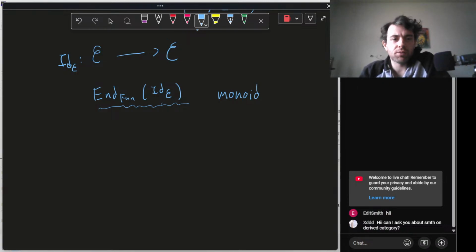This is sometimes called the center of a category. The center of the category is defined to be this.